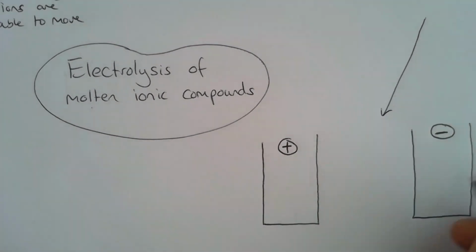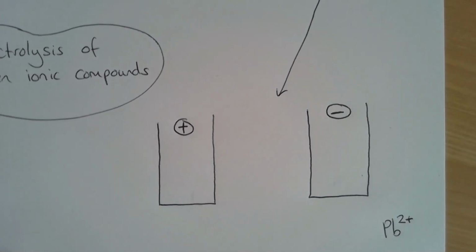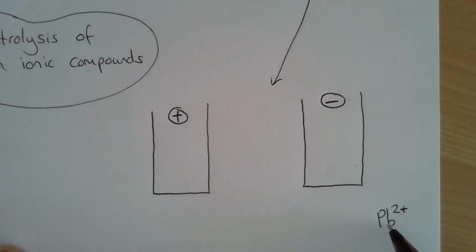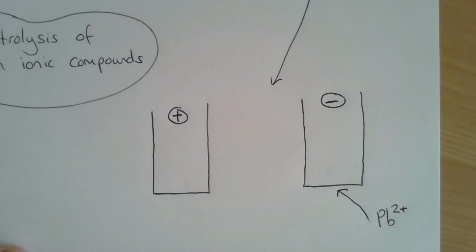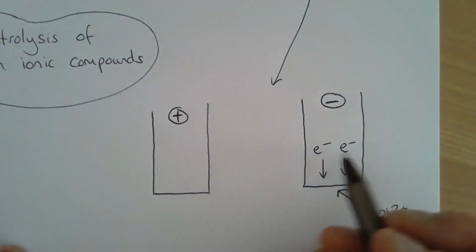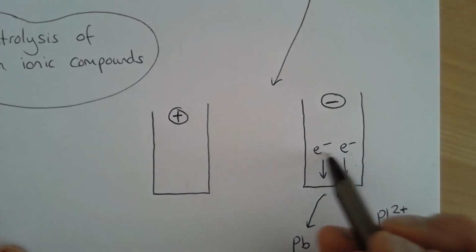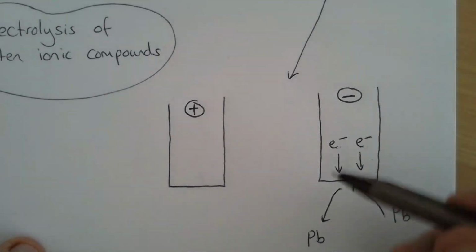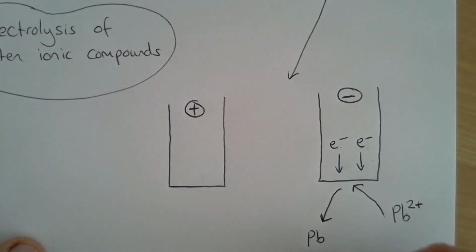With the negative electrode, we're going to see Pb2+ ions, so that's the lead that has a 2+ charge that's in the electrolyte, that's in the molten lead chloride, and that's going to move to the negative electrode, and it's going to gain 2 electrons, so 2 negatively charged particles from the negative electrode. That 2+ charge and the 2 negatives are going to neutralize the charge on the lead, so it's gained 2 electrons and it's become lead atoms.